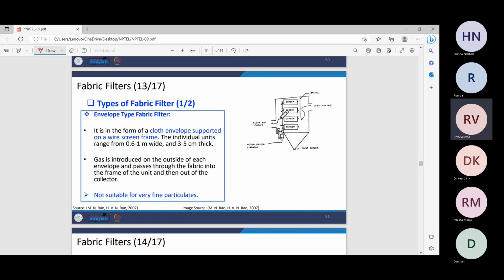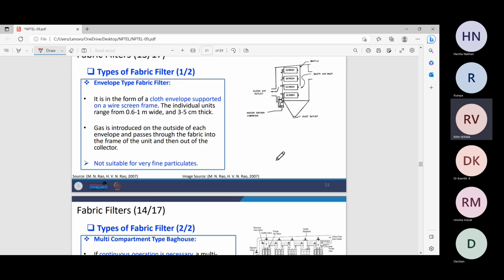That's how we get this clean air outlet. We have motor driven vibrators which vibrate, and the dust gets settled down on this outlet and comes out. We can collect the effluent or the gas from this outlet chamber.